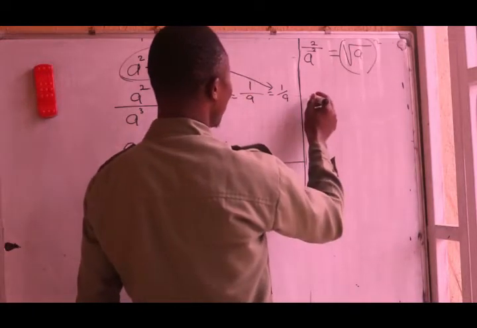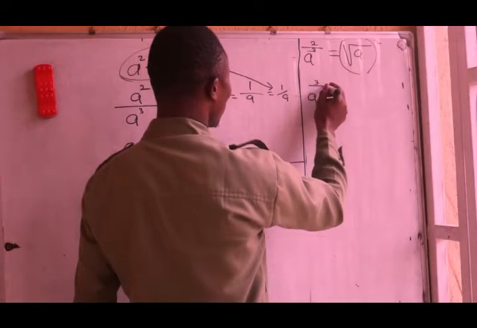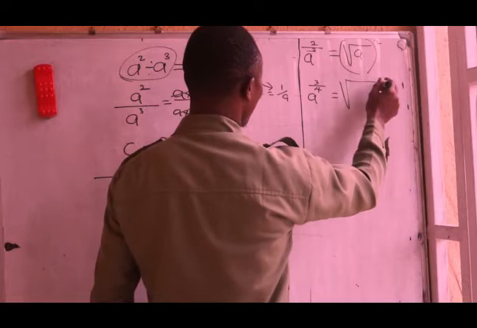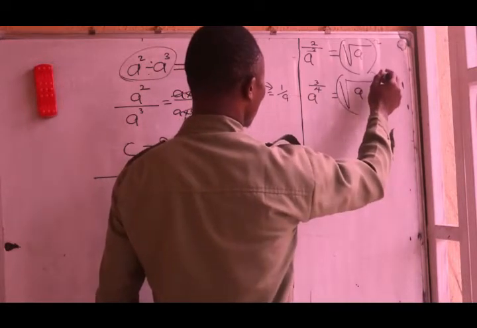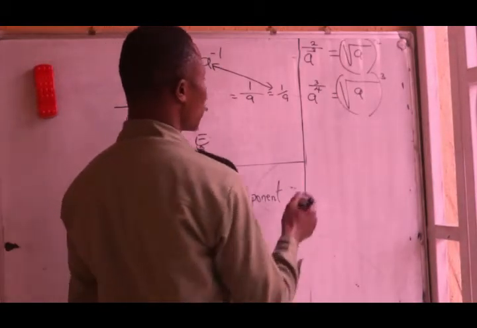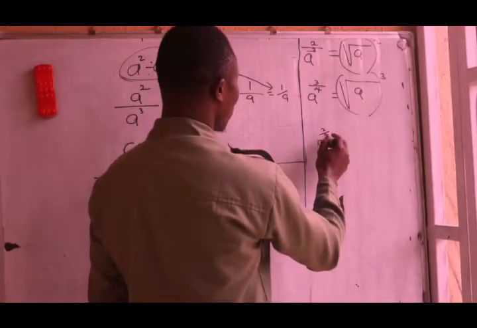So if it were a raised to the power of 3 over 4, the result would be that you should take the fourth root of a and you raise your result to the power of 3. Let's consider a number so that you have 8 raised to the power of 2 over 3.